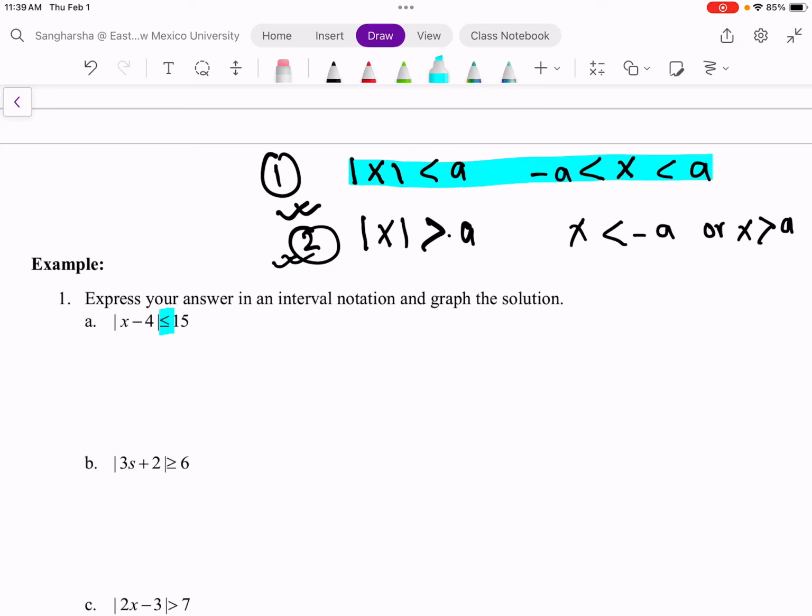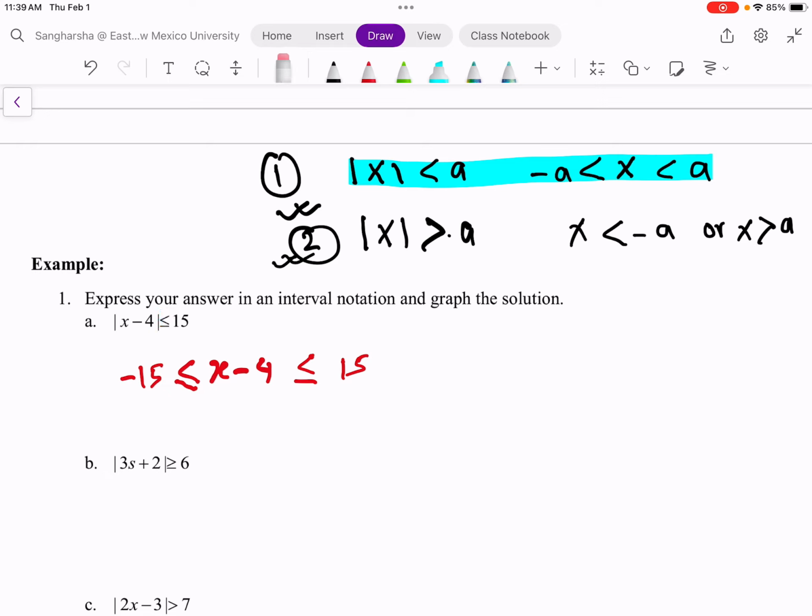According to the first definition, you write down whatever you have inside absolute value. We have x minus 4. Then we have equals to, so we're gonna have equals to here: greater than or equals to negative of 15, or less than or equals to positive of 15.